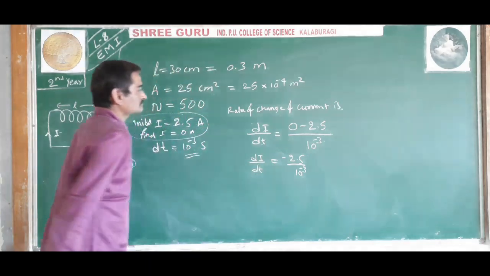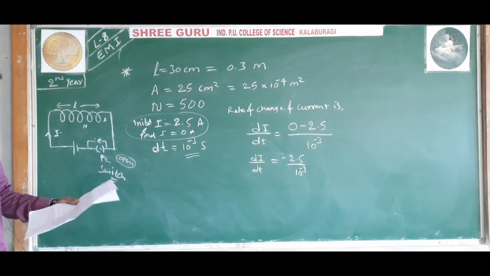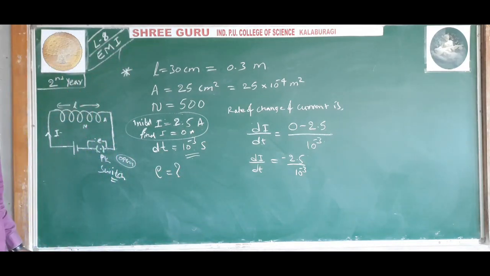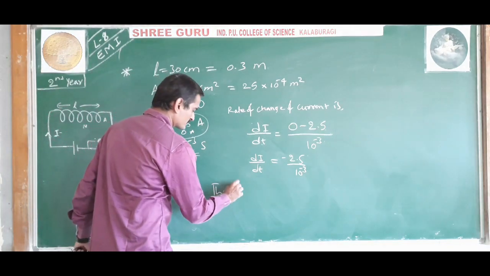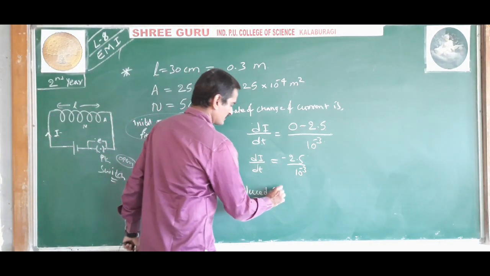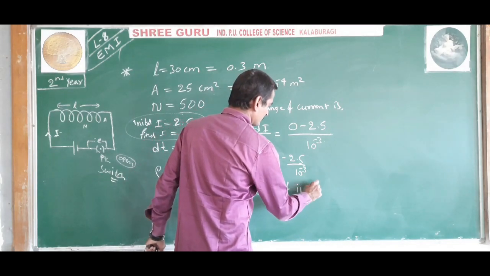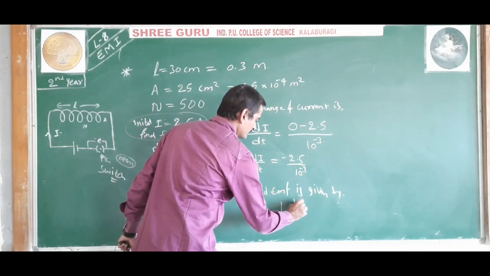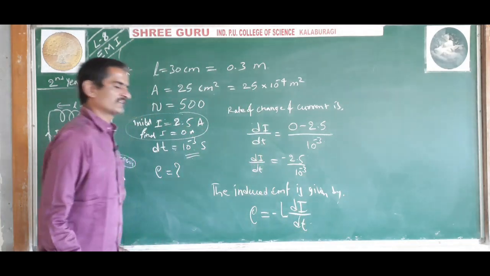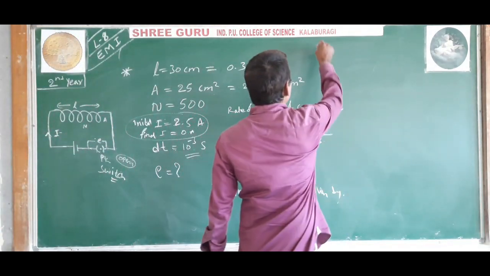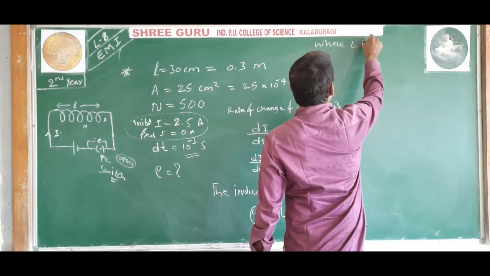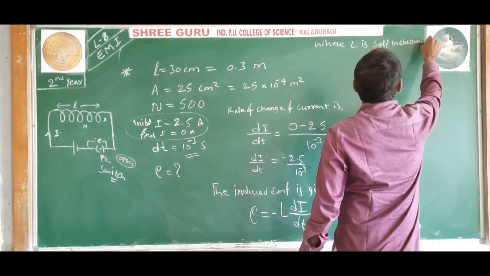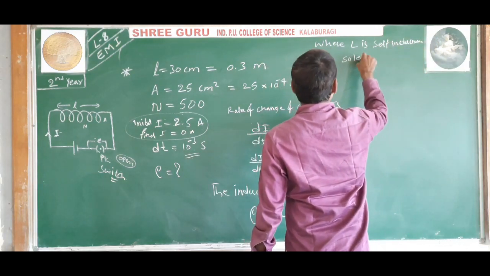Okay, then what do we want? What do we have to calculate? The average back EMF, that is the induced EMF. The induced EMF is given by E is equal to minus L di by dt, where L is the self-inductance of the solenoid.